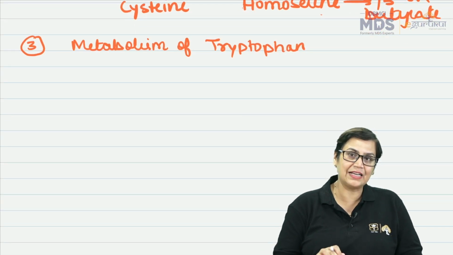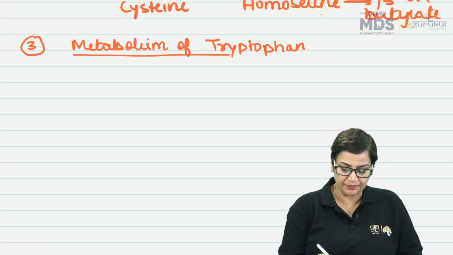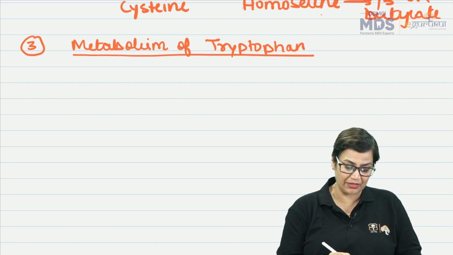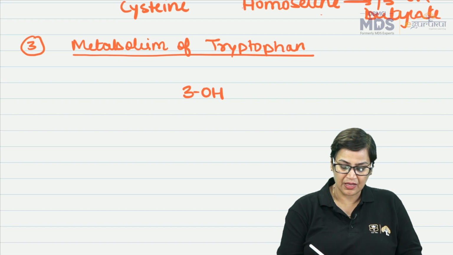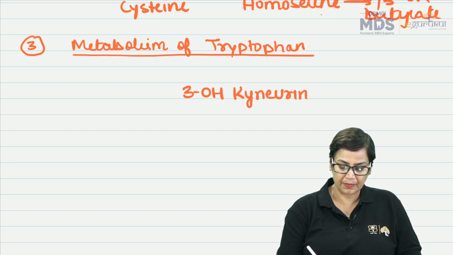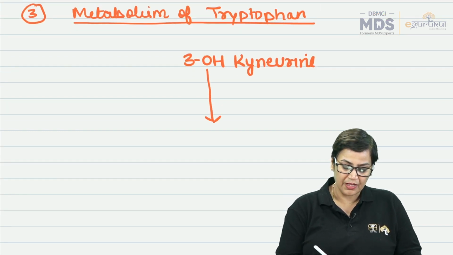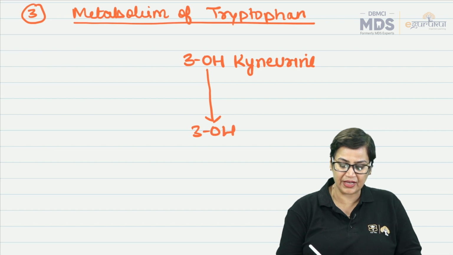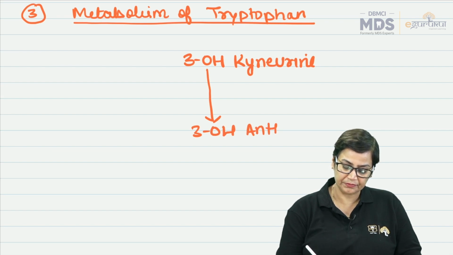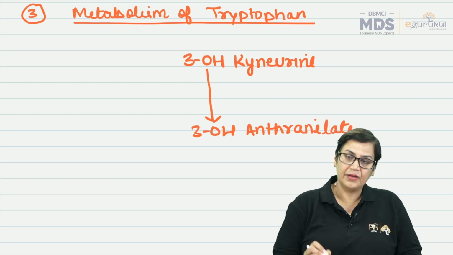Tryptophan is both glucogenic as well as ketogenic. Now see, when we study the metabolism of tryptophan, in the kynurenine pathway 3-hydroxykynurenine is converted into 3-hydroxyanthranilate.